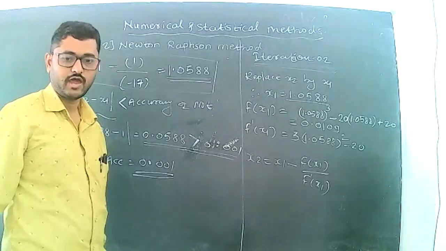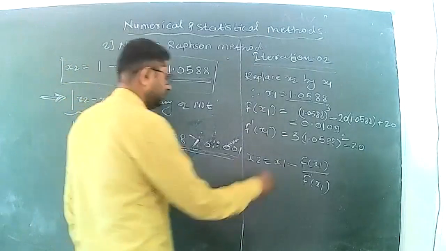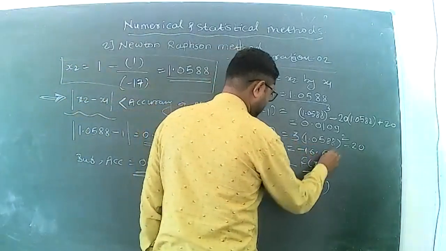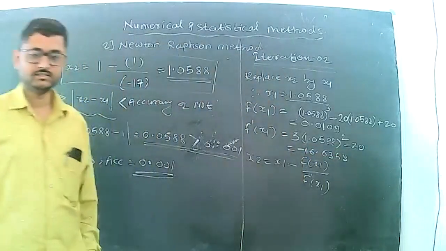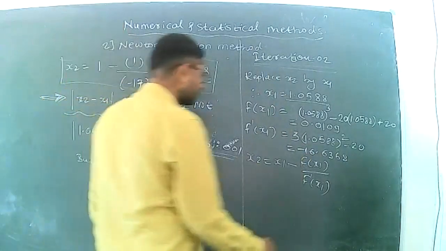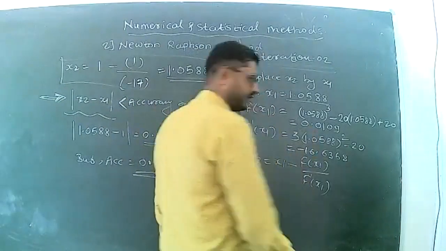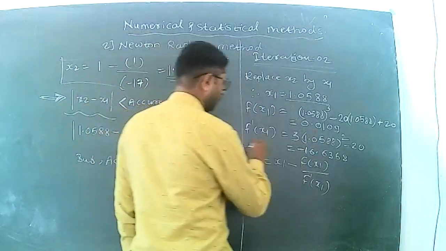By calculation, f dash of x1 is minus 16.6368.